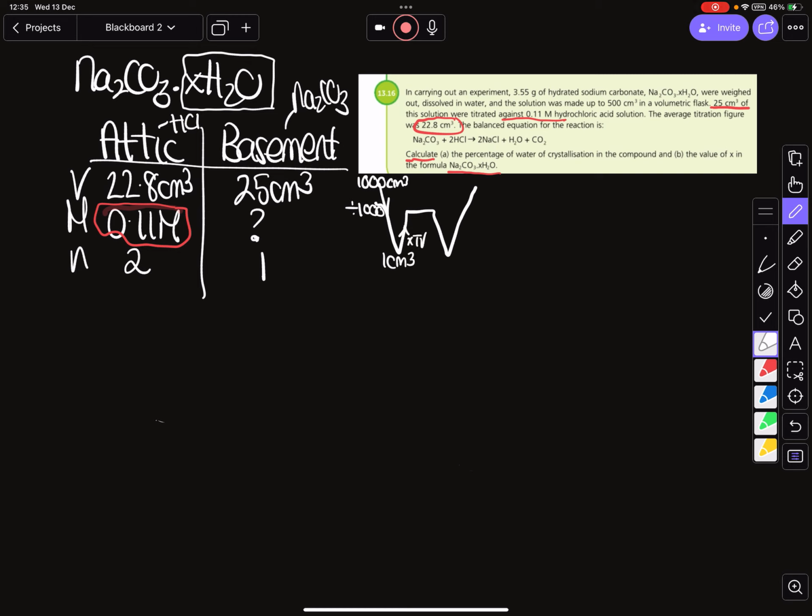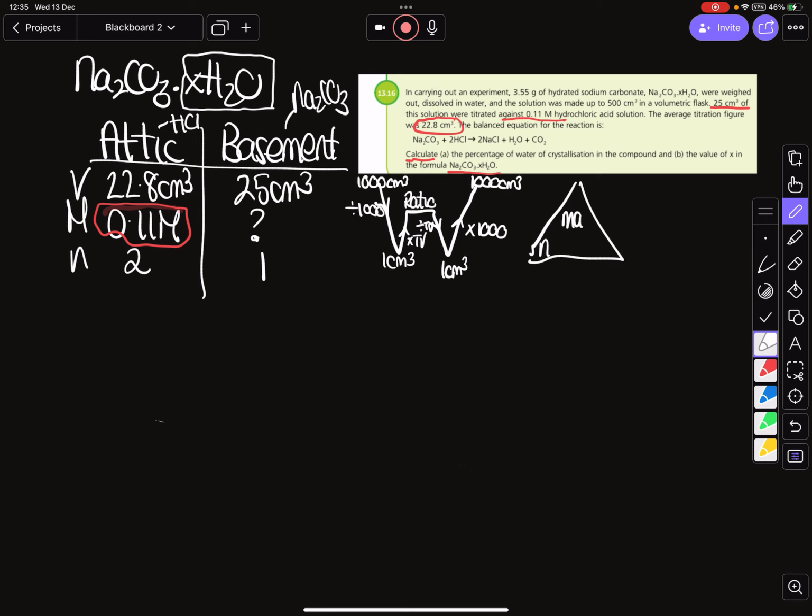When we go up, it's always a multiplication, and that's going to be against our HCl's titer volume. When we get to the flat part, we apply our ratio, and that gives us the moles of either reagent at the end point. So once we have the moles of, in this case, the sodium carbonate, we go down and divide by its titer volume to find out how many moles are in 1 centimetre cubed. And then finally, to finish it off, we multiply by 1,000 to give us how many moles in 1,000 centimetres cubed of the sodium carbonate.